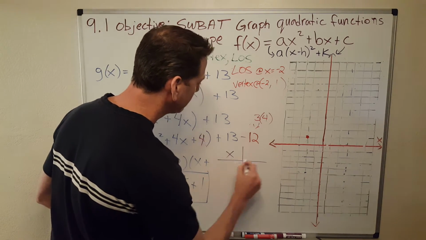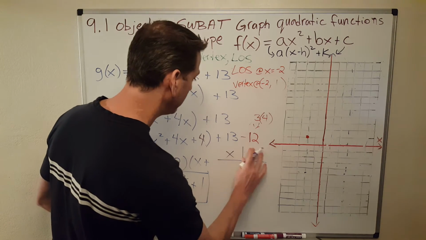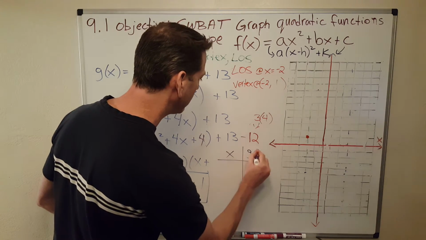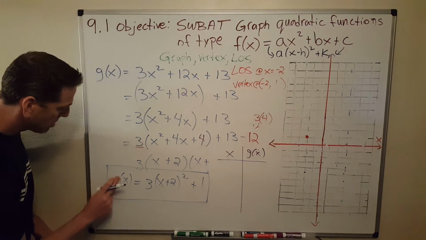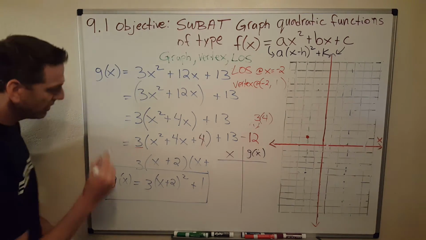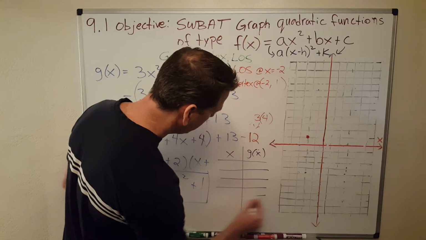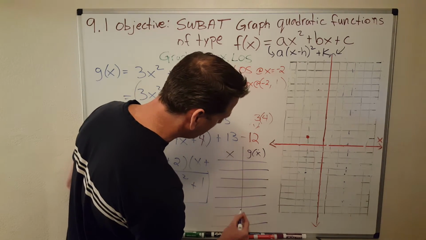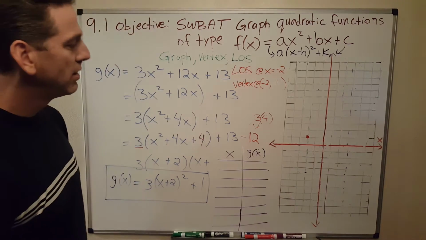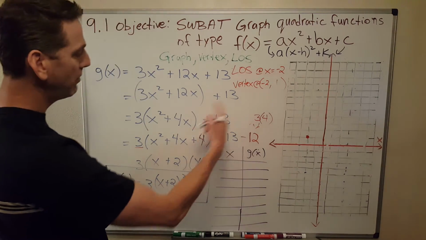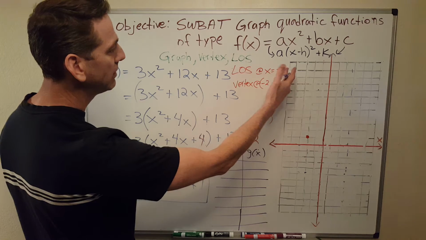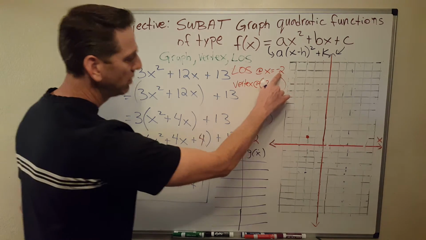So here's my x, and there's my, actually this is not f of x, this is g of x, isn't it? g of x. Sorry about that. All right, 1, 2, 3, 4, 5, 6, 7. We make 7 rows. Now my x, I know that my line of symmetry is at x equals -2.